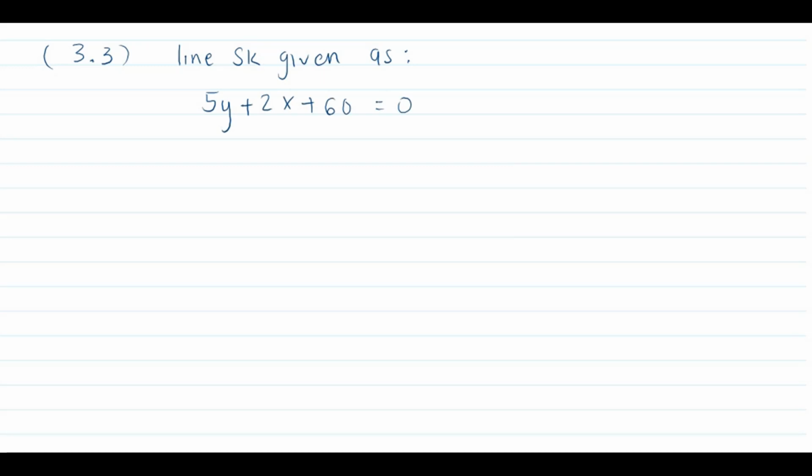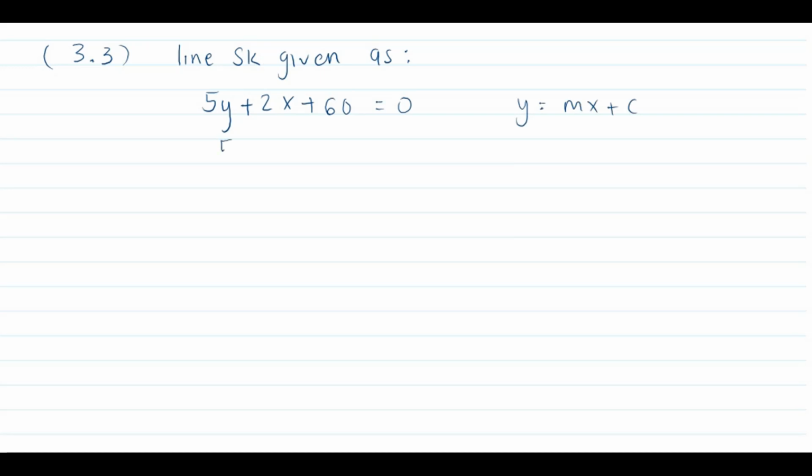By getting it in that form, you will see that this is actually an equation of a straight line. When it's in this form, it can be a bit confusing because you don't really see that it is an equation of a straight line. So we're going to get it into the form y equals mx plus c by making y the subject of the formula.